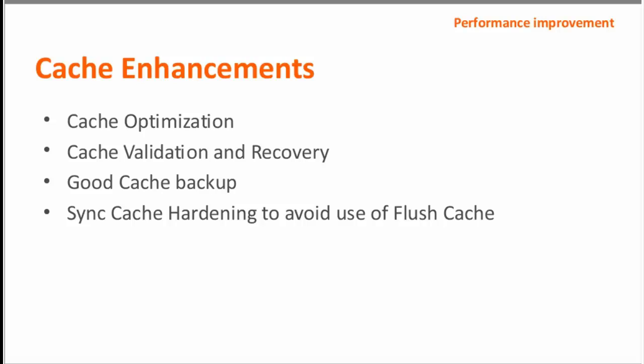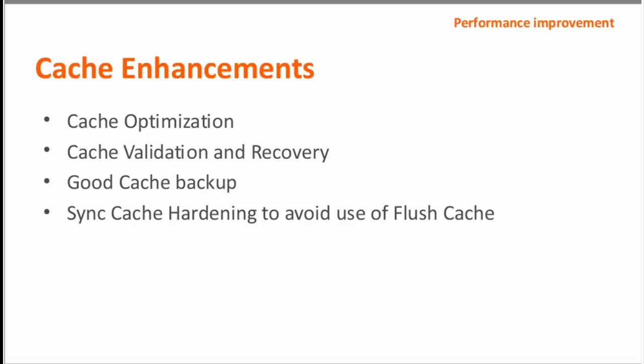I'm just talking about metadata. We are not sharing any data between tenants. Another area where we have improved is cache validation and recovery. In 9.0 we added a new concept of taking a backup of a good cache and using that backup later when you start Midtier, instead of doing preload every time, which is a very time consuming process.